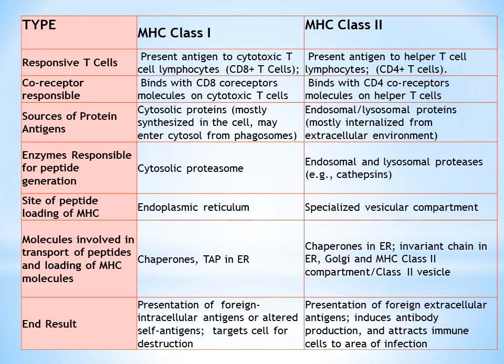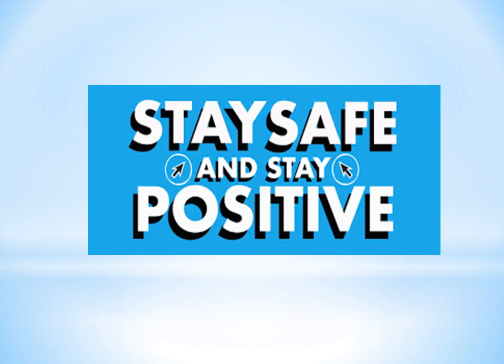Now the end result in MHC class 1 is presentation of foreign intracellular antigen to CD8 for destruction, and for MHC class 2 presentation of foreign extracellular antigen induces antibody production and attracts the immune cells in the area of infection.